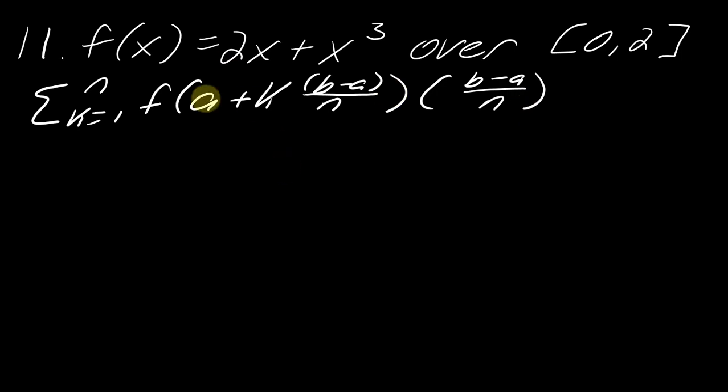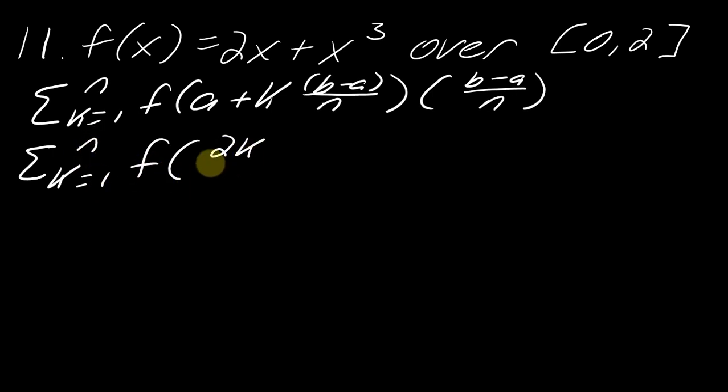And so now in this case, my a is 0 and my b is 2. So I want to simplify this expression with the 2 and the 0 plugged in. If I simplify, this will become f of 2k over n, and then this will be 2 over n. And so now I can go ahead and plug 2k over n into this expression here.